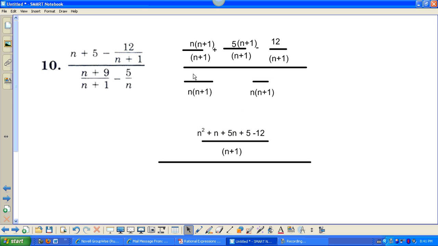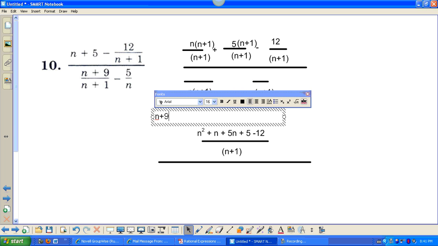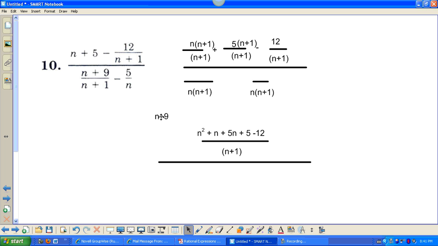So I have an n plus 9 up at the top, and in order for me to yield a common denominator, I need to multiply it by an additional n, so that I'm really just multiplying by the number 1. I have a minus here.